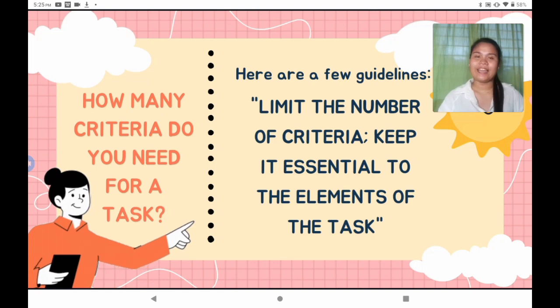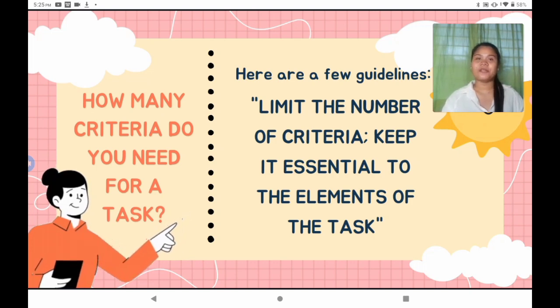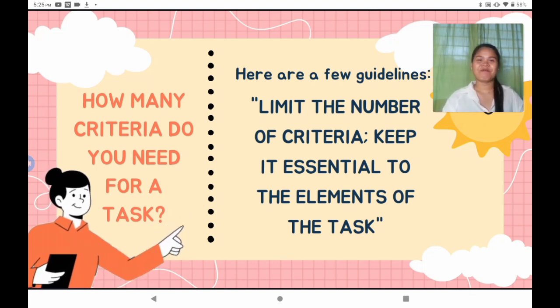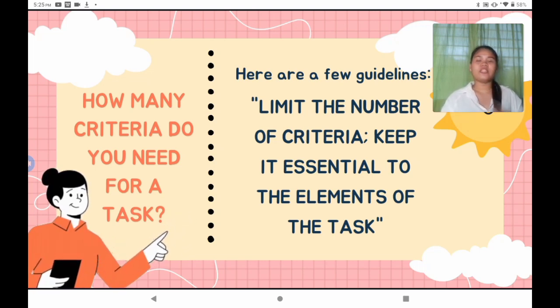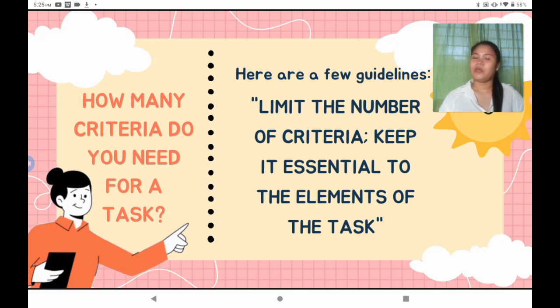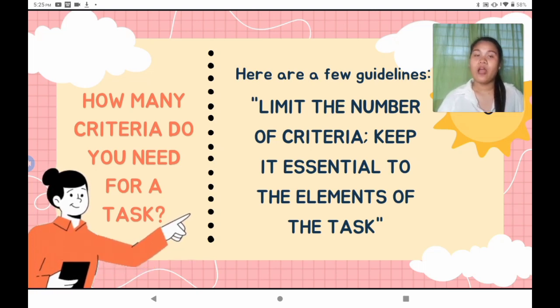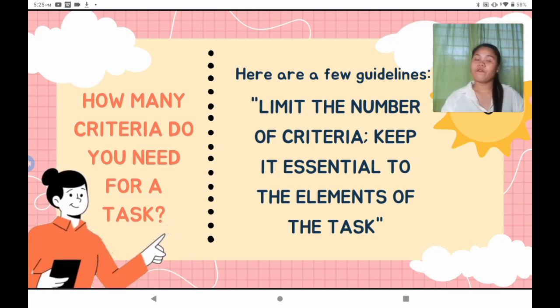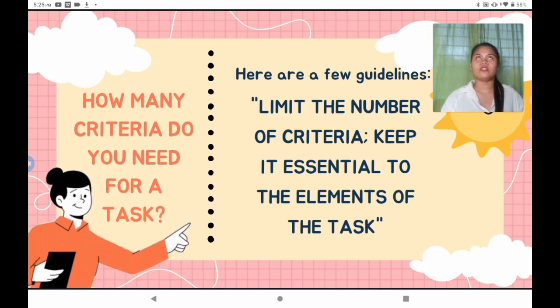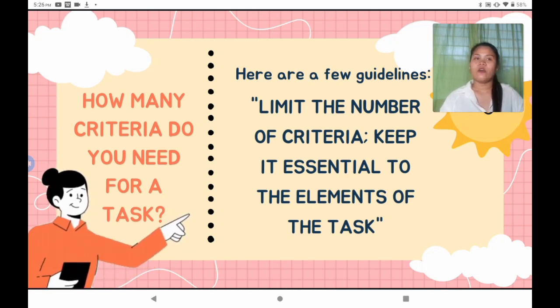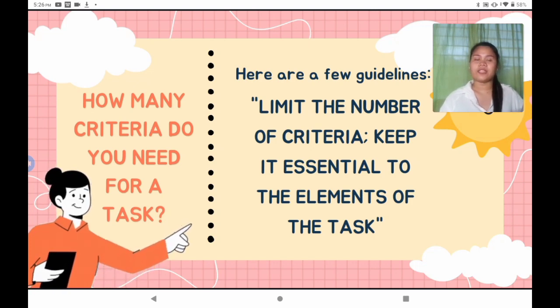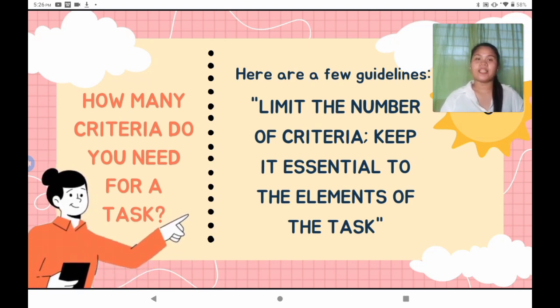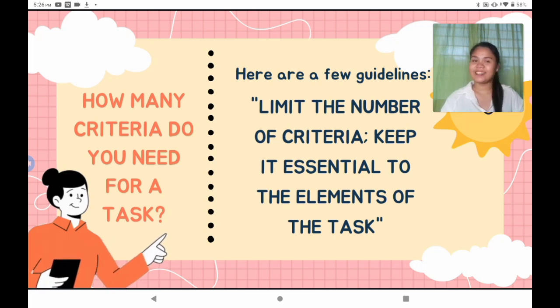So, first guideline, kindly read all together. Limit the number of criteria. Why do we need to limit the number of criteria? Because assessment is more feasible and meaningful if we focus more on the characteristics of the task. We should not make more criteria that are not appropriate to the task.